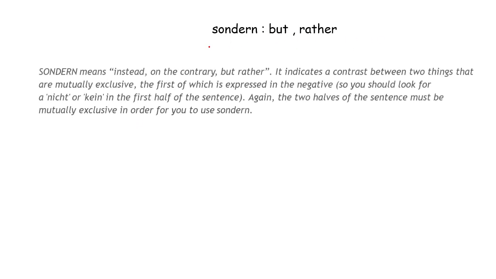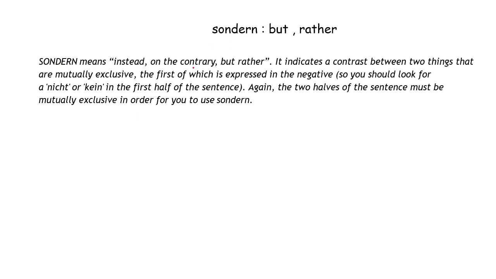Sondern, but rather. Sondern means instead, or on the contrary, but rather. Sondern and but rather have the same meaning, but while using sondern, the first part should express the negative, like you can look for nicht, kein or nie in the first half, and the second should be mutually exclusive.